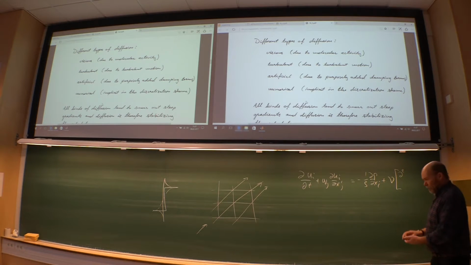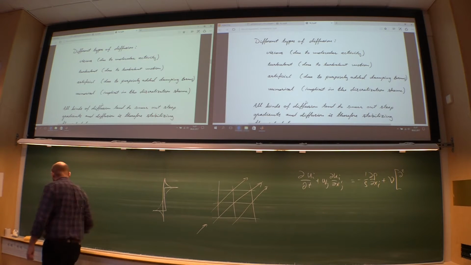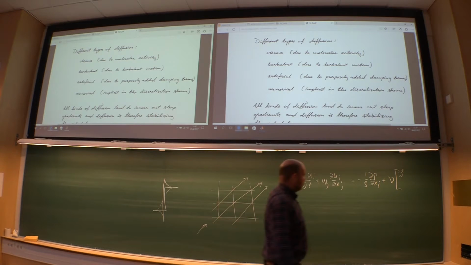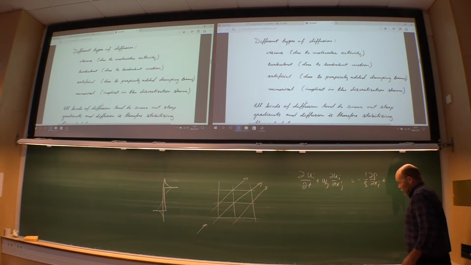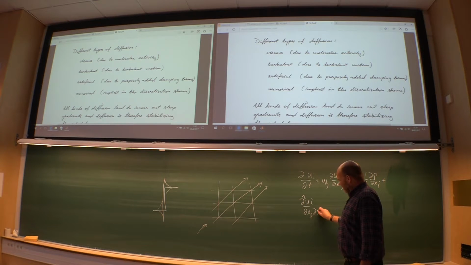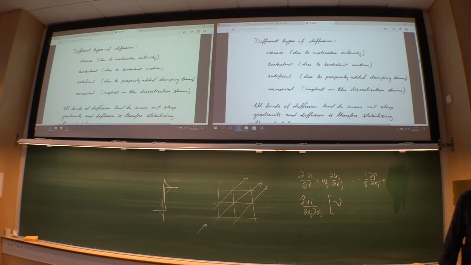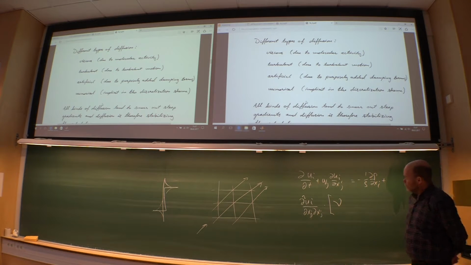We better write that differently. Write it like this: double derivative with respect to the different directions multiplied with a bracket, and the first one, that was the viscous diffusion.